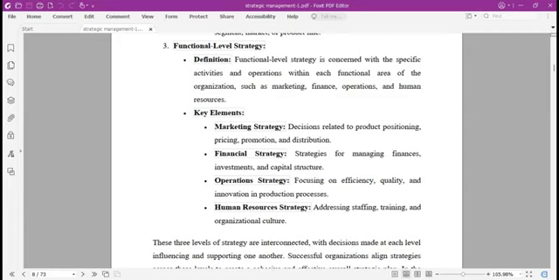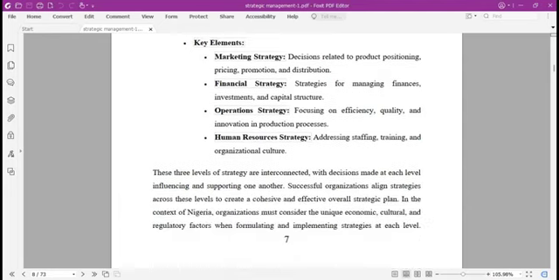Do we train them from time to time? And the organizational culture. What is the organizational culture? What do we stand for as an organization? That's what we call organizational culture.